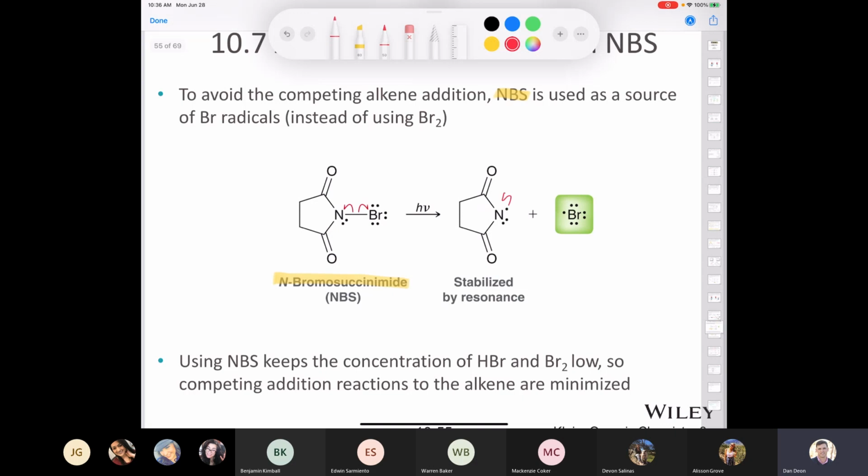So this is resonance-stabilized, and you could draw both of the resonance contributors for that, and we produce a bromine radical. Well, what that bromine radical is going to do is that when it comes into contact with NBS, it reacts via an ionic mechanism to produce Br2, okay?